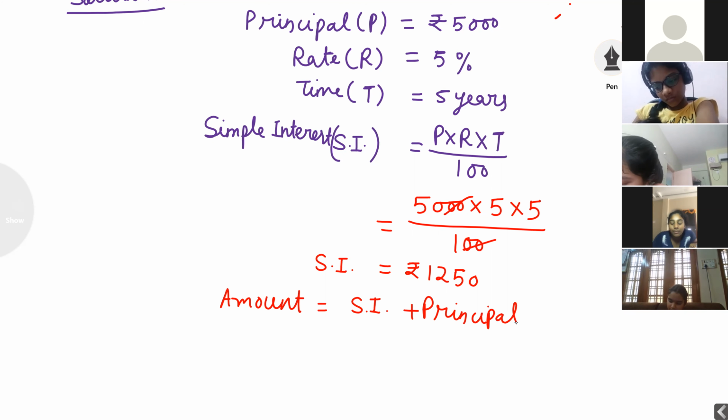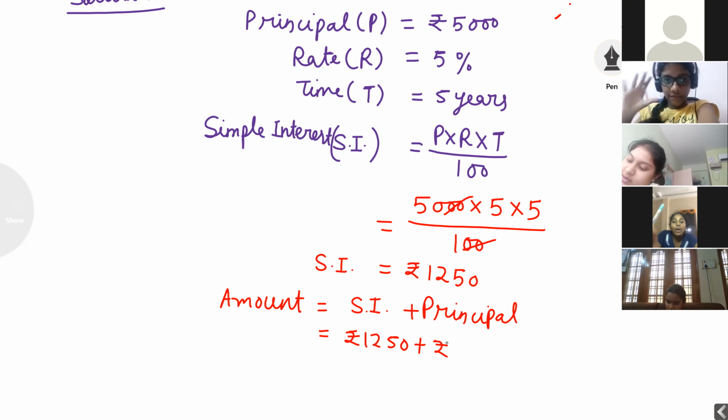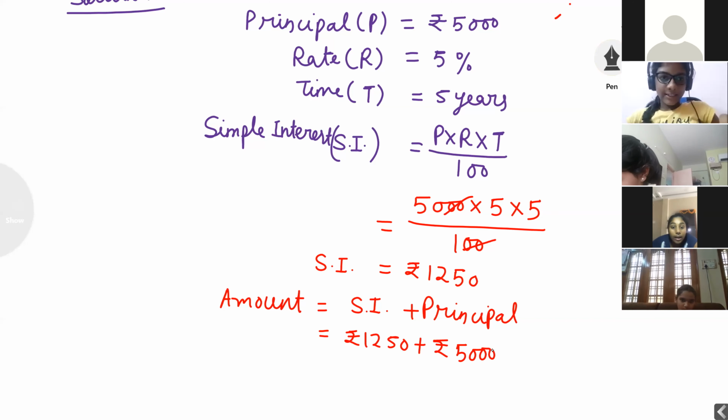Simple interest we got 1,250, plus principal is what? 5,000 rupees. Answer is 6,250 rupees. Hence amount is 6,250 rupees.